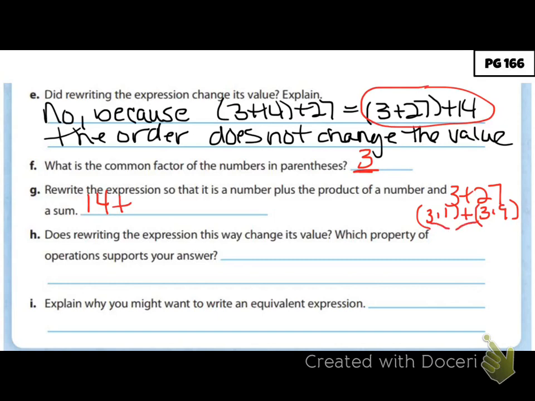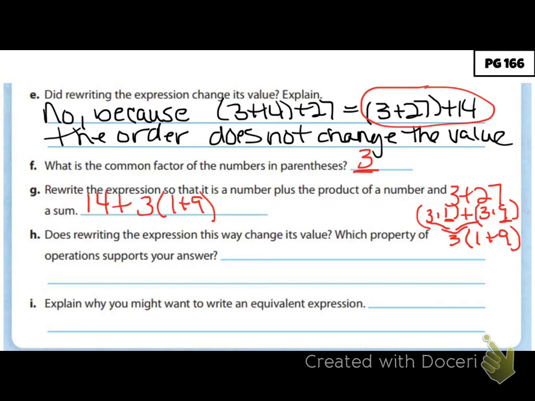When I do, what does that leave me with in parentheses? It leaves me with a 1 plus a 9. So that right there is the product of a number and a sum. So we would do 3 times 1 plus 9.